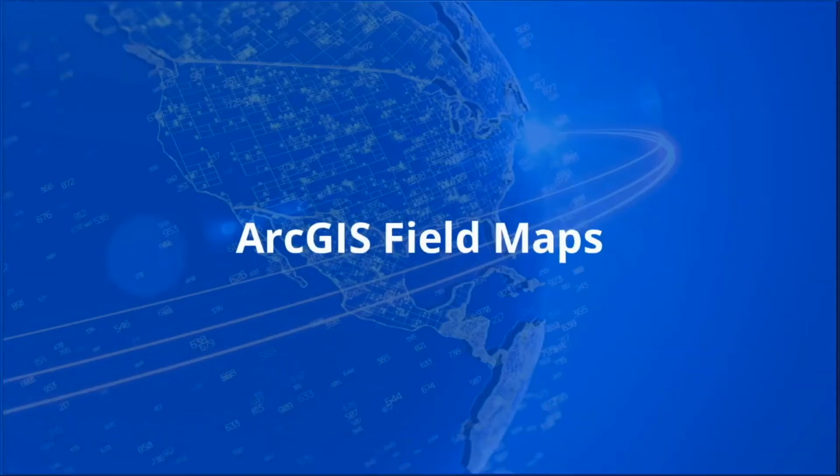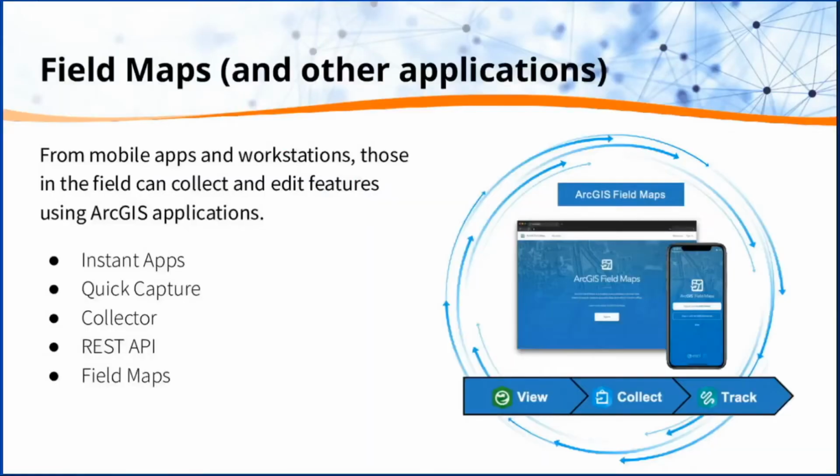As Dan said, we're going to pivot to a different type of webhook, one that you can use in ArcGIS Online with their other web applications offerings, including Field Maps. So ArcGIS Field Maps is a highly customizable and comprehensive mapping application from Esri. It allows those in the field to easily access and edit and collect data from their mobile devices.